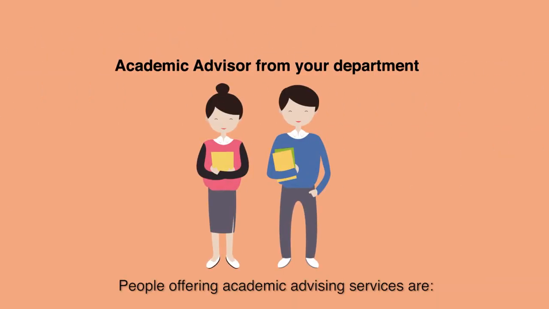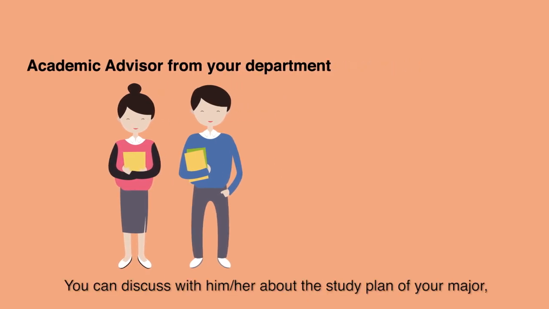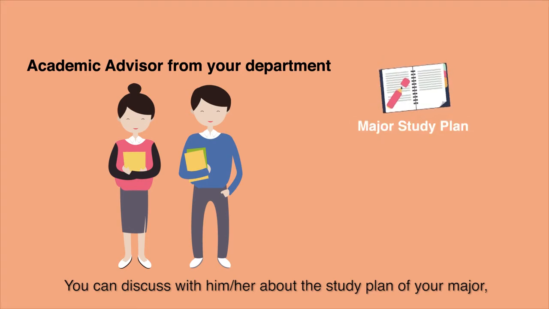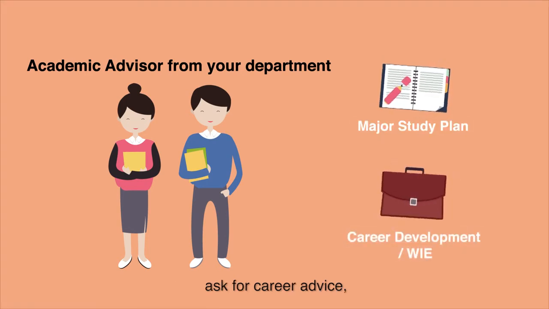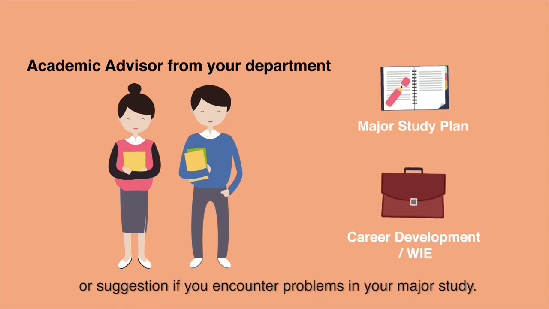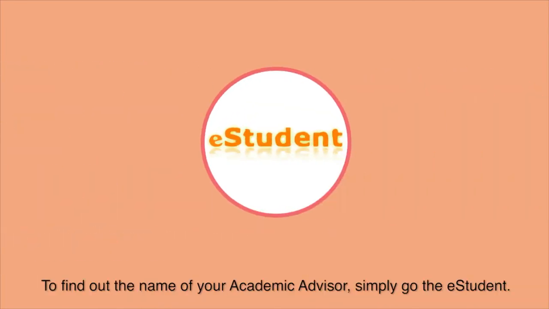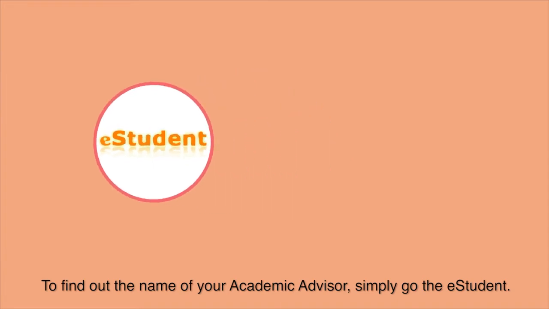People offering academic advising services are academic advisors from your home department. You can discuss with him or her the study plan of your major, and ask for career advice or suggestions if you encounter problems in your major study. To find out the name of your academic advisor, simply go to eStudent.